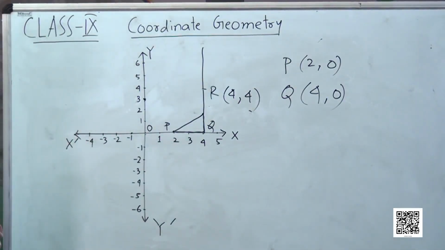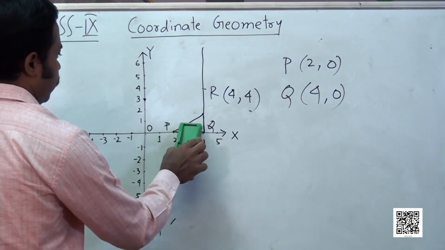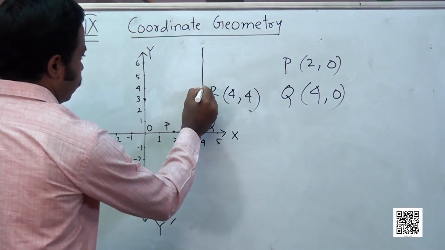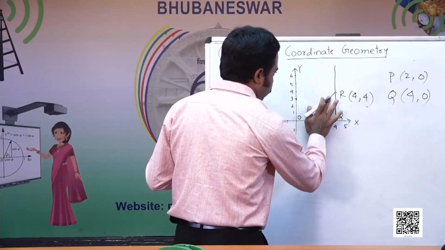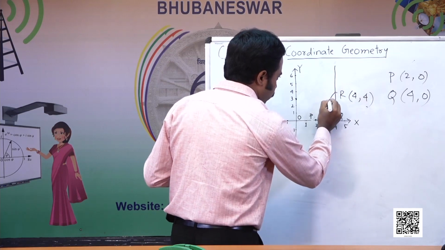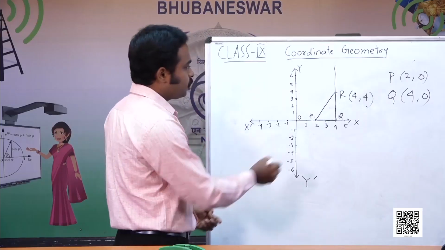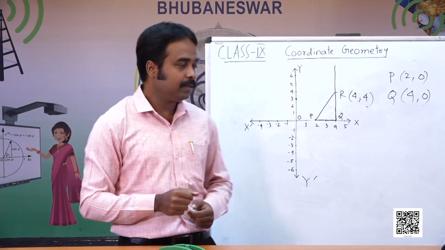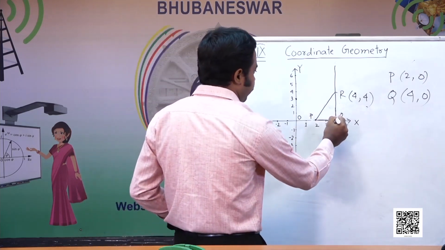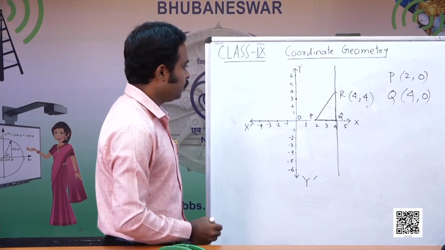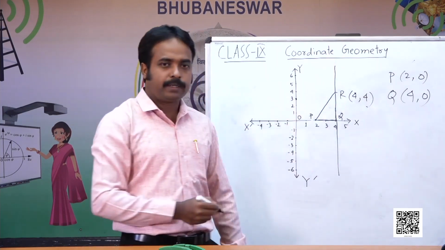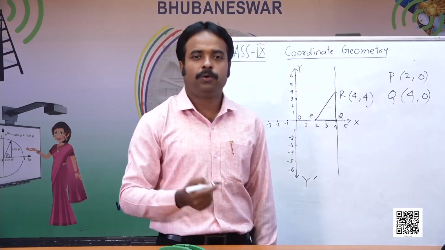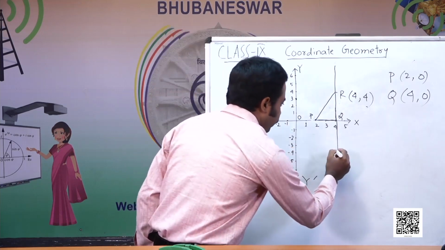Then also, if we join this by a line, we will get a right triangle. Not only that, we may extend this line in the negative direction also. So instead of taking the first quadrant, if we take the point R in the fourth quadrant, then also we will get our desired result.